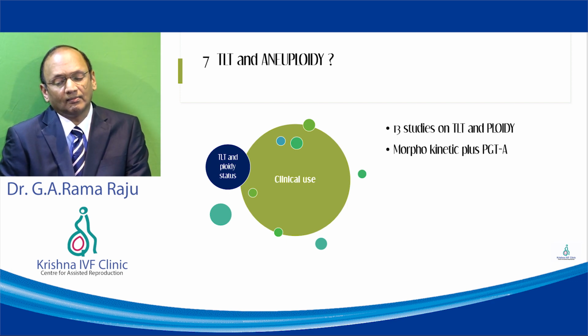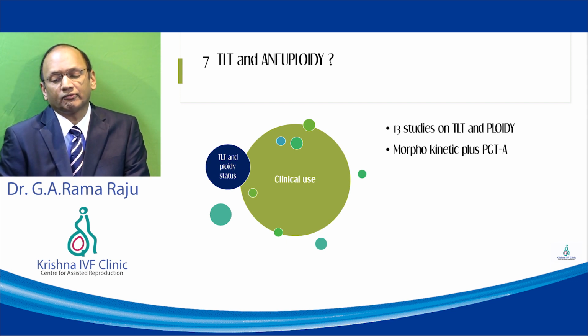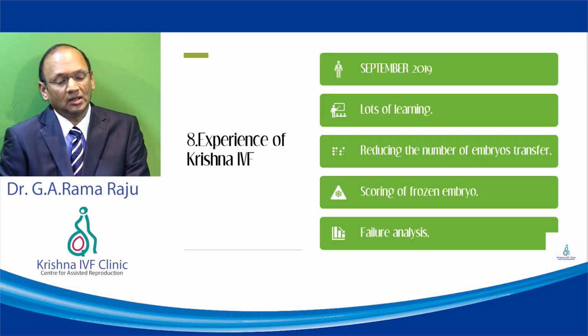That is one other thing. The other area is non-invasive pre-implantation genetic screening combined with morphokinetics or time-lapse technology, which are the future steps coming in the next 1 or 2 years.